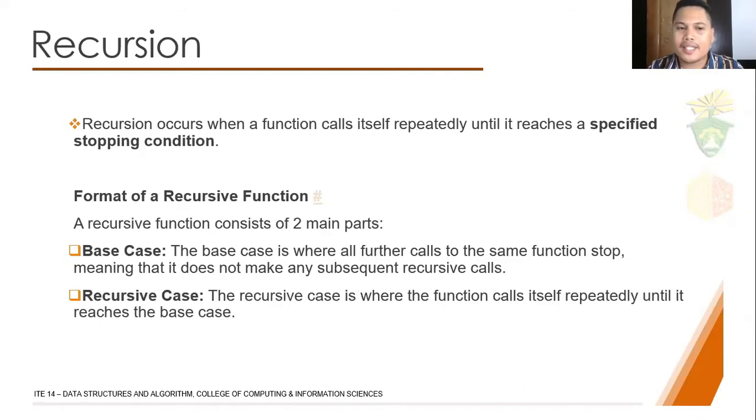And you already understand that a function is a set of program, or a body of program, that performs a specific task, right? For recursion, it's actually the same behavior, but the difference is the function calls itself. That's actually recursion. The repetition happens because the function calls itself.